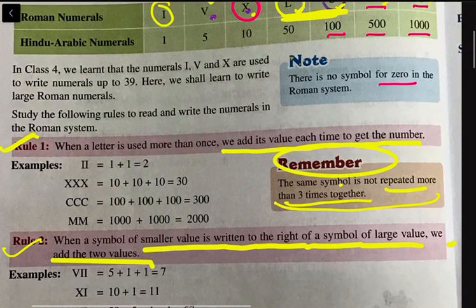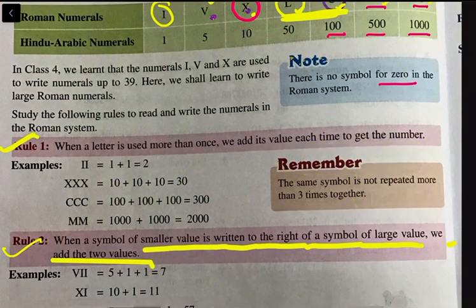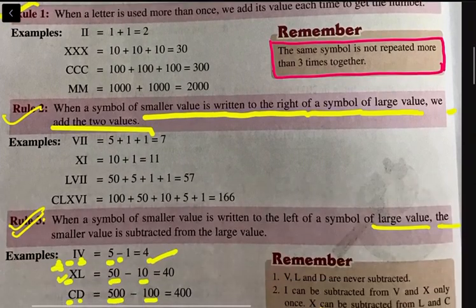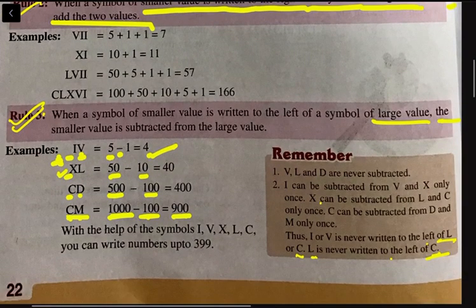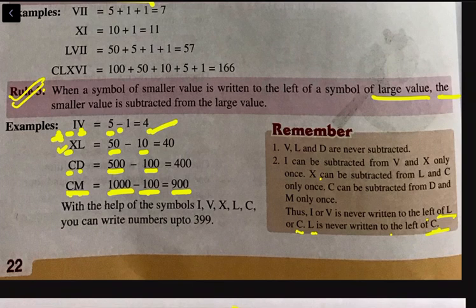And what is the other rule? The same symbol is not repeated more than 3 times together. Another rule: V, L and D are never subtracted.